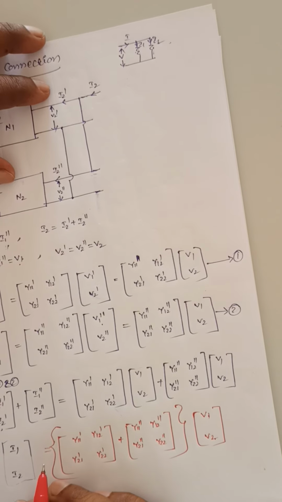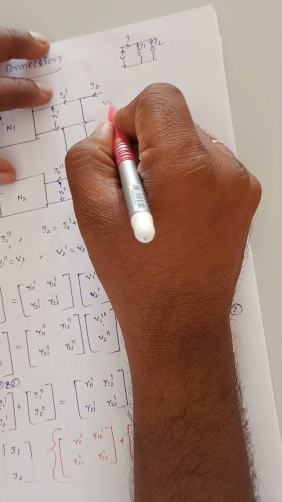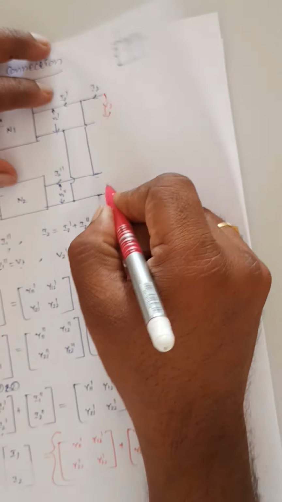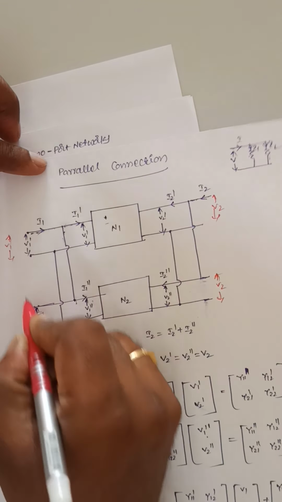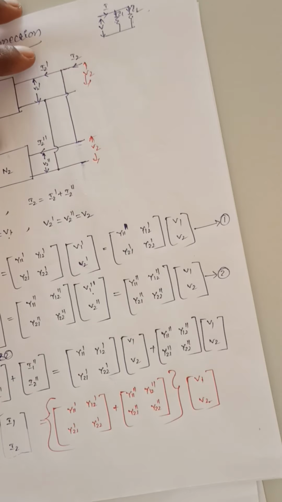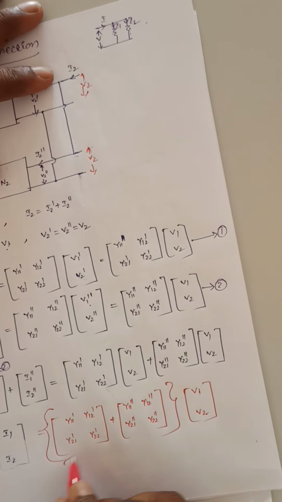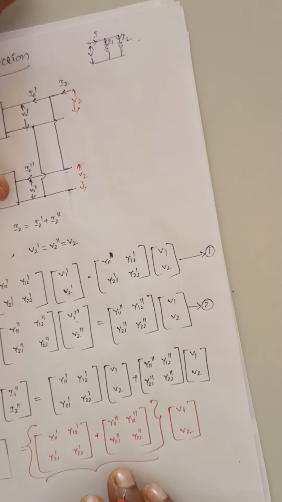Okay, right. So this is V2, also it is V2, this is V1, this is also V1, right? I1 is input current, I2 is output current.